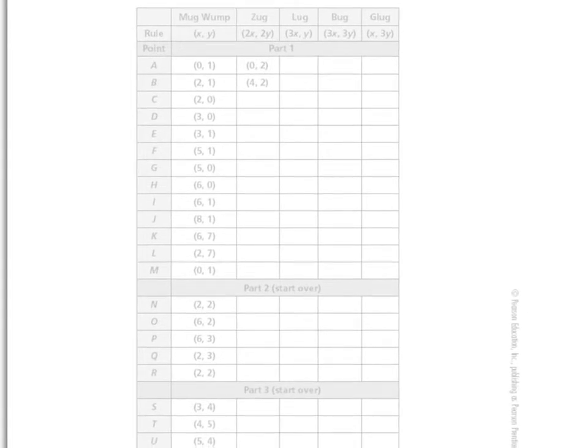So as you can see, the coordinates for Mugwump are located along here. So these are the coordinates we're going to use, and we're going to plot these points and then connect them in order.